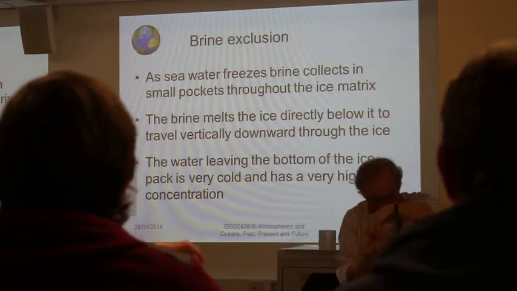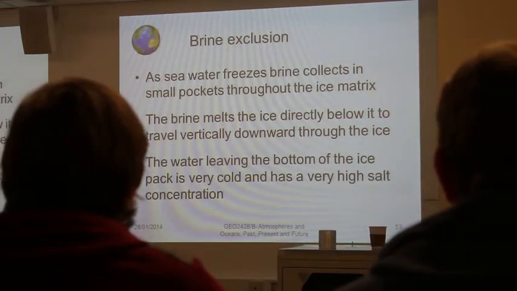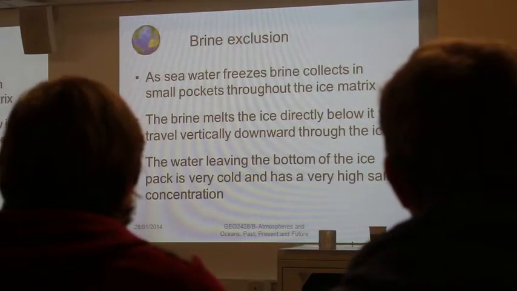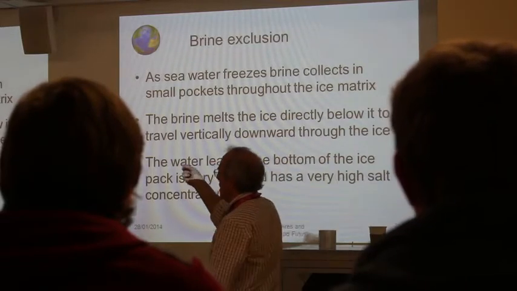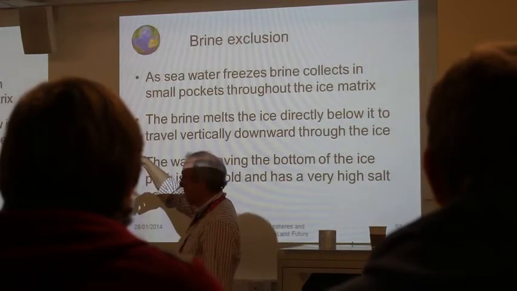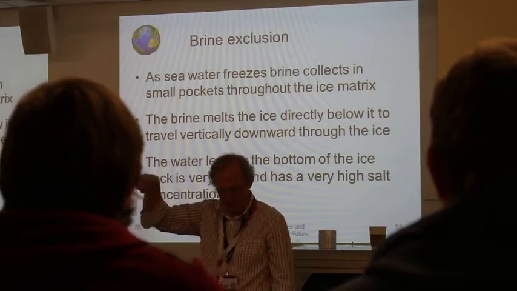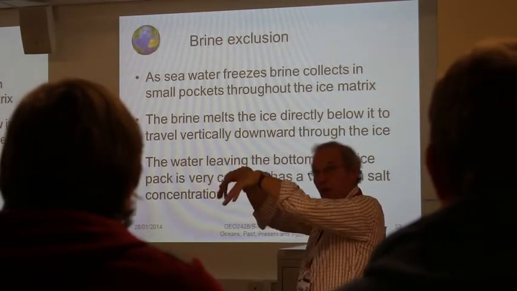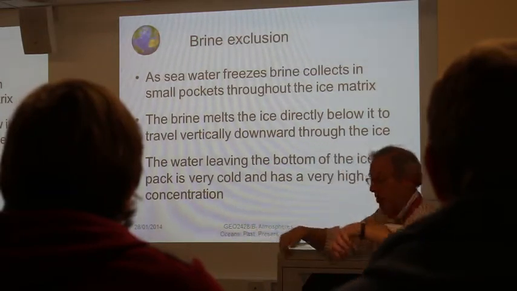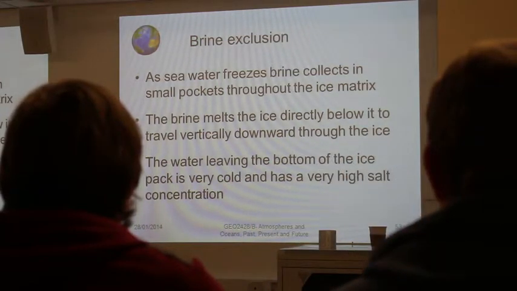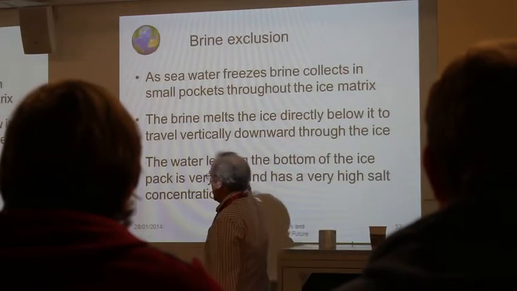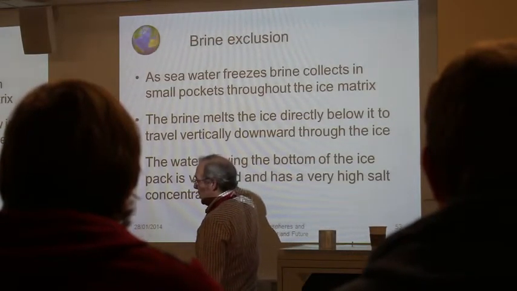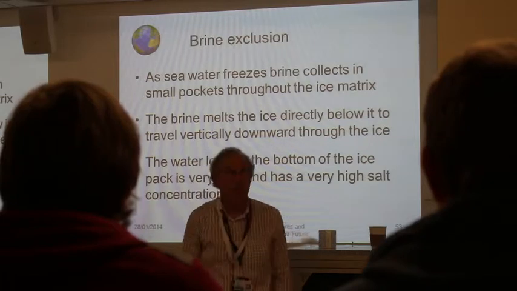Effectively, that brine, because of the concentration of the salinity, actually melts the ice directly below it and travels down through the ice. So as it freezes, the brine is expelled down through the ice column, melting the ice around it. This means that at the bottom of the ice pack, the water is very cold but has very high salt.